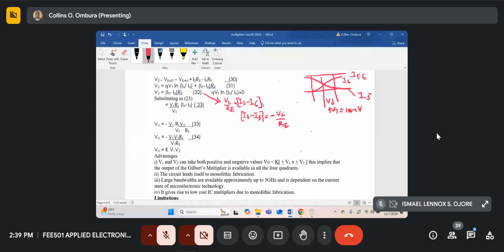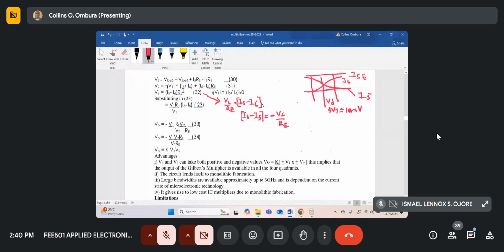Now for small changes in the, or for small differences in current between the two, in equation 31, the natural log, if I5 and I6 are not very different from one another, the natural log of this term over here is natural log of approximately 1, and therefore this first term becomes 0, and therefore V2 is I5 minus I6 only.